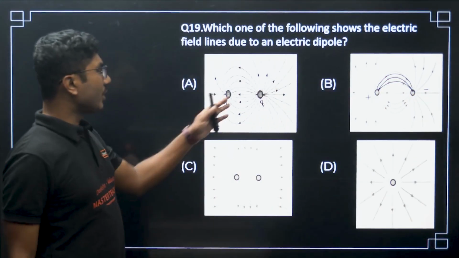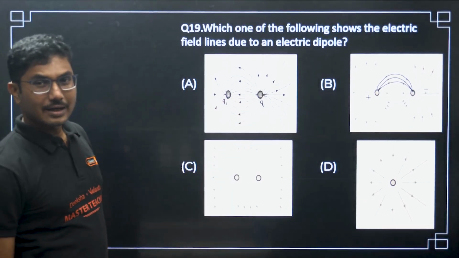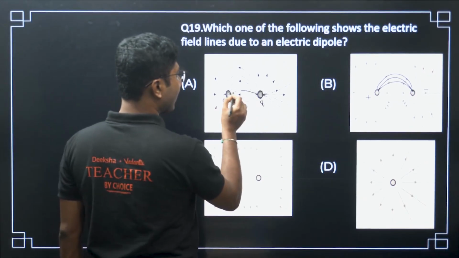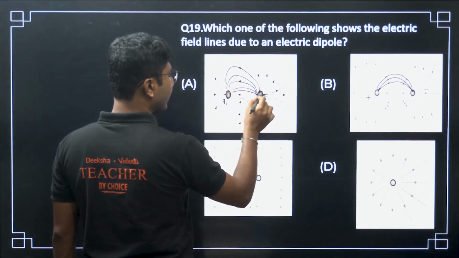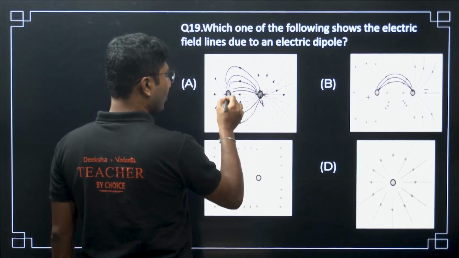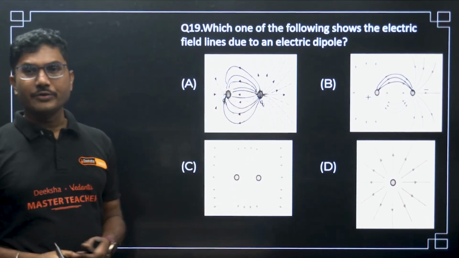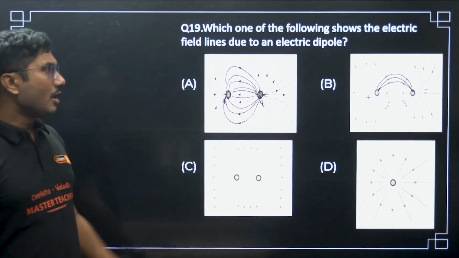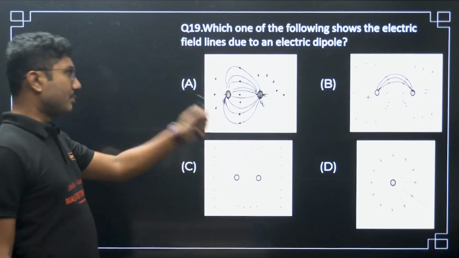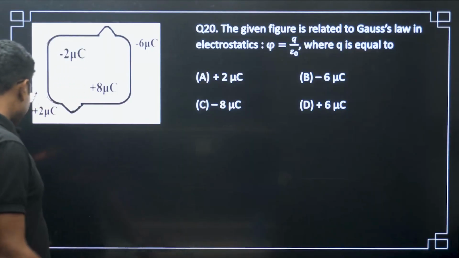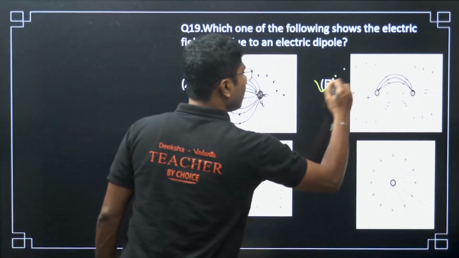Now this is also a similar arrangement, but here the charges are not equal in magnitude. If you see the diagram carefully, the lines are not uniform. So these two charges are not equal, that's why this is not a dipole. But here the diagram is uniform, that means this is the dipole. So the correct answer is option B.